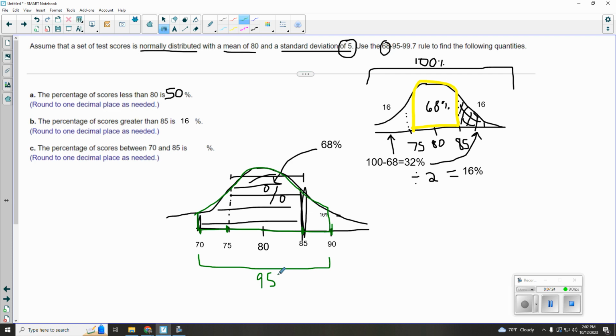All right. So here we go. This is 95%. But all we want is this piece. So we have 95, and we know this piece is 68.